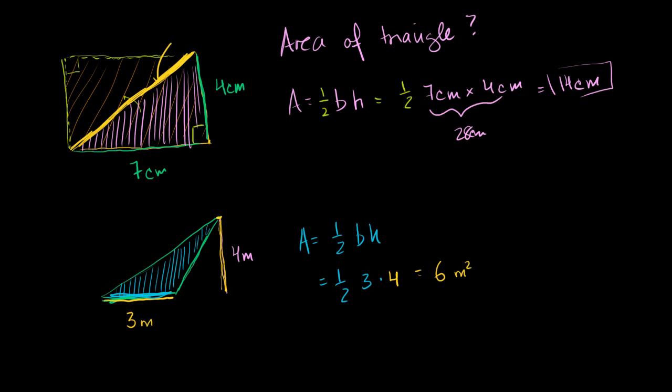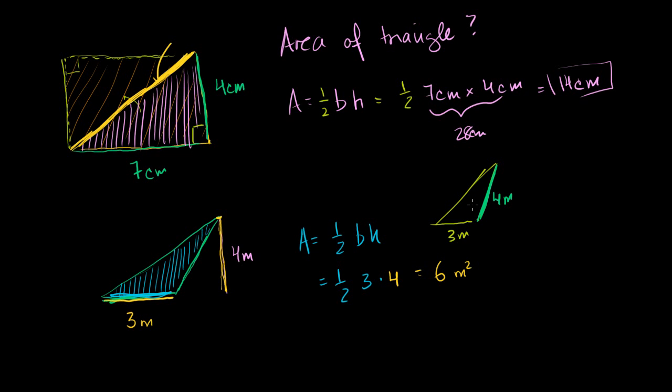And I really want to highlight the idea, because if I gave you a triangle that looked like this, where this was 3 meters down here, and then I were to tell you that this side over here is 4 meters, this is not something that you can just apply this formula to and figure out.